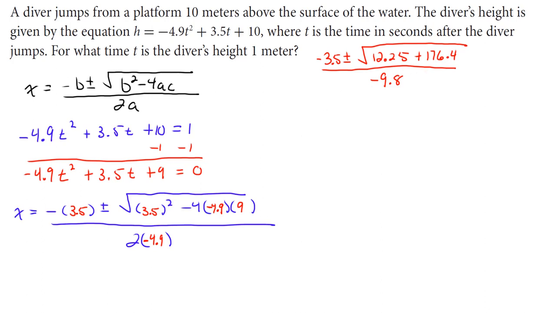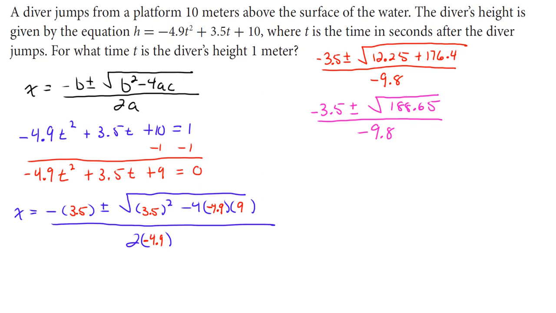So now we have negative 3.5 plus or minus radical, or the square root of 188.65, divided by negative 9.8.